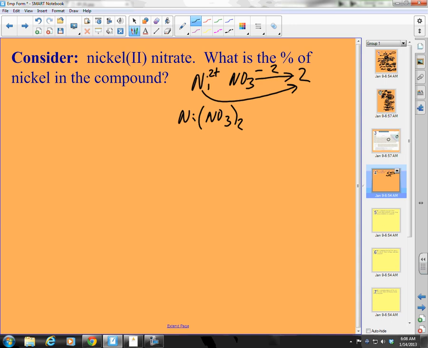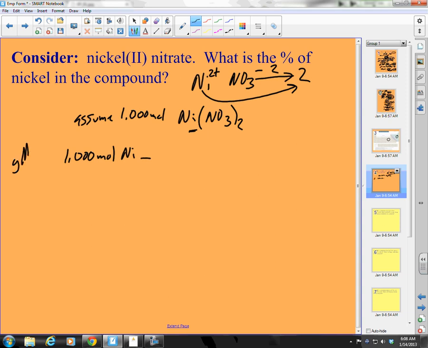What is the percentage of nickel? Okay, so we will assume that we have 1 mole of this stuff. If I have 1 mole of this, that means I have how many moles of nickel? Well, it's a 1-to-1 ratio, right? So I have 1.00 mole of nickel. Well, I'll finish this and then I'll come back to it. 1 mole of nickel, and I want to get grams of nickel.